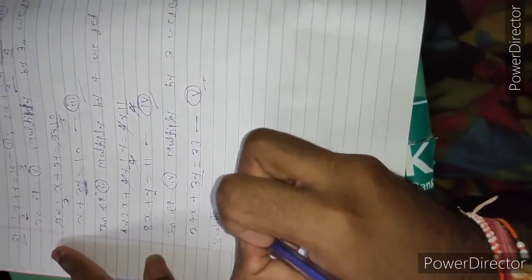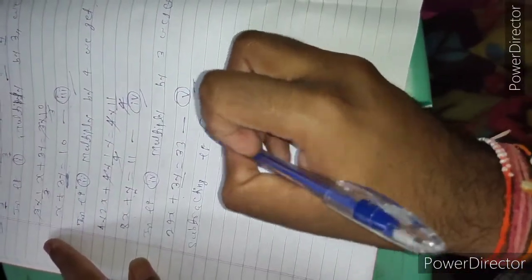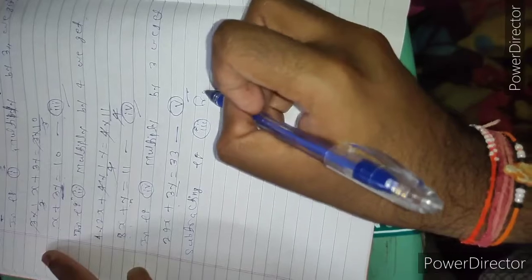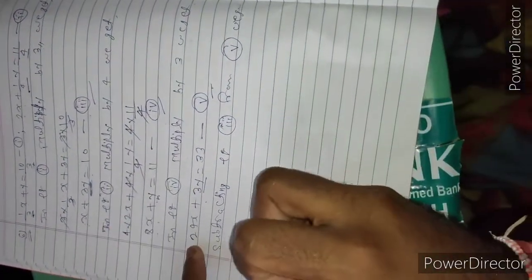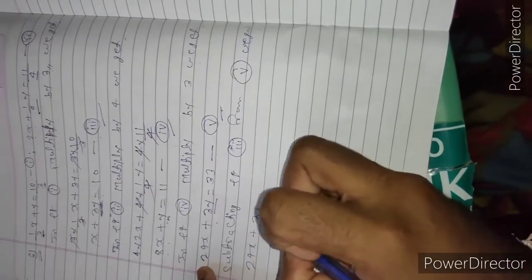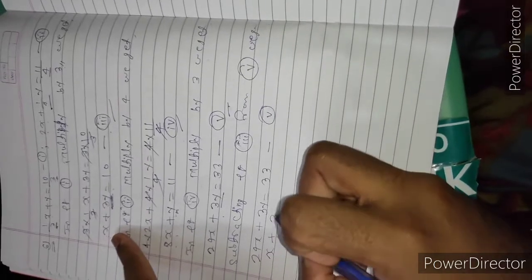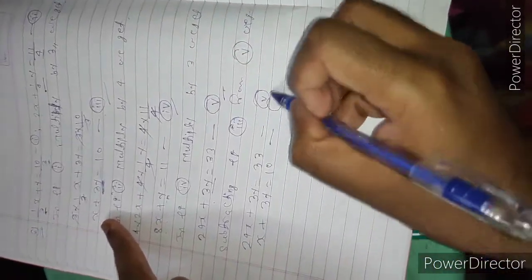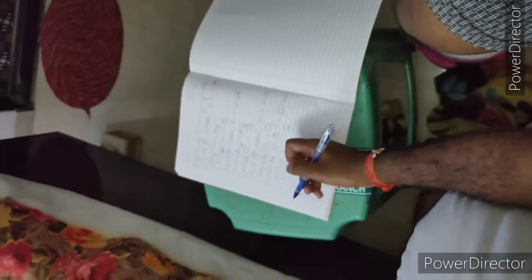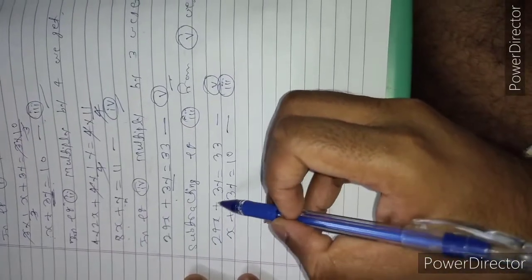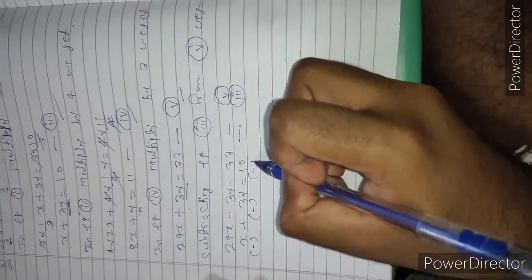Subtracting equation 3rd from 5th: 24x plus 3y is equal to 33, this is equation number 5, and x plus 3y is equal to 10, this is equation number 3. Now we have to subtract both the equations, so I am putting the subtraction sign here.